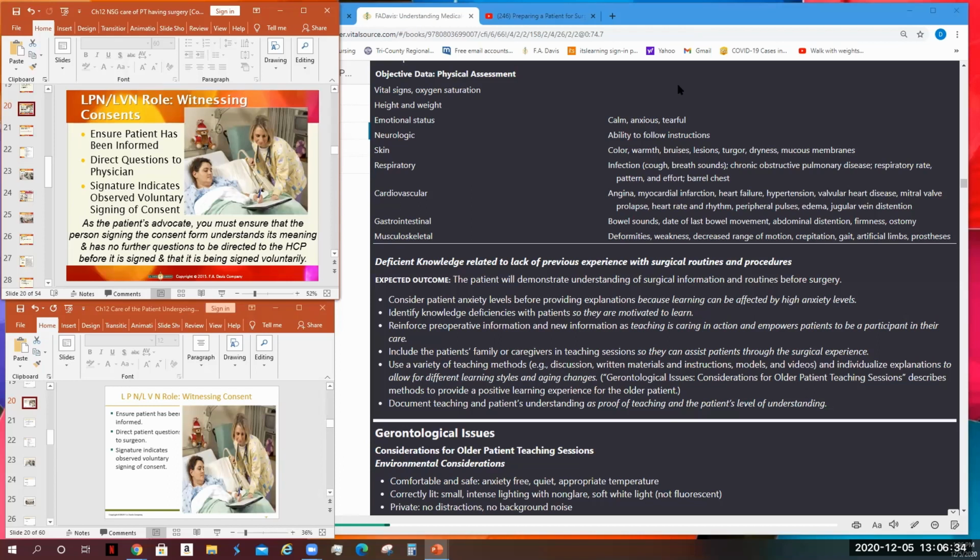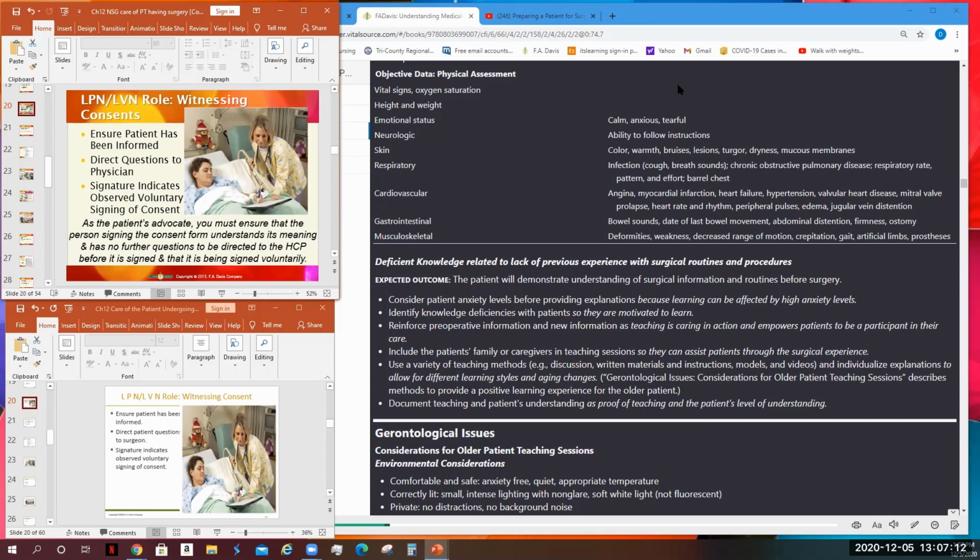Respiratory, look for infection like a cough or breath sounds. Chronic obstructive pulmonary disease, respiratory rate, pattern, and effort. Barrel chest. Cardiovascular, angina, myocardial infarction, heart failure, hypertension, valvular heart disease, mitral valve prolapse, heart rate and rhythm, peripheral pulses, edema, jugular vein distension.